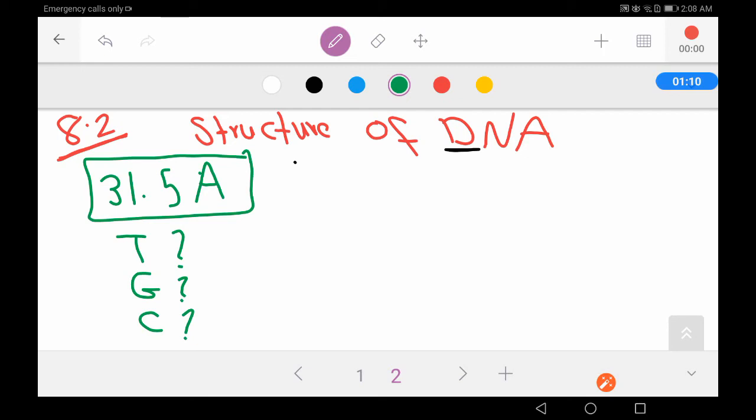If you could find it, then that's very good. If you couldn't, then you can continue to watch the video, and you can learn how we can find the amount of thymine, guanine, and cytosine if we know just the amount of adenine.